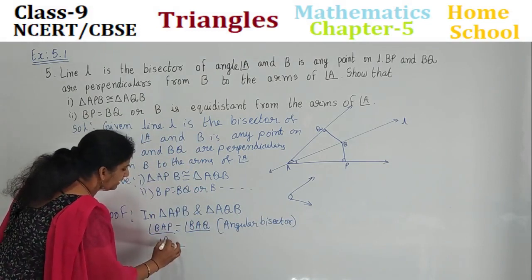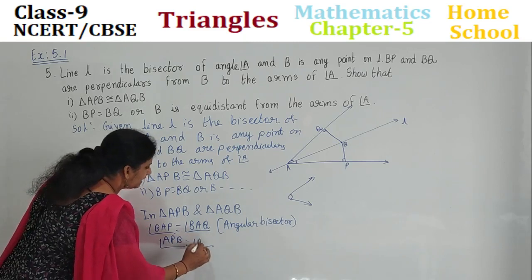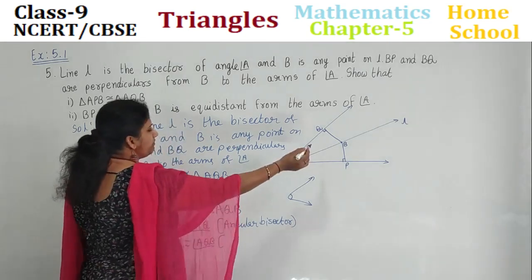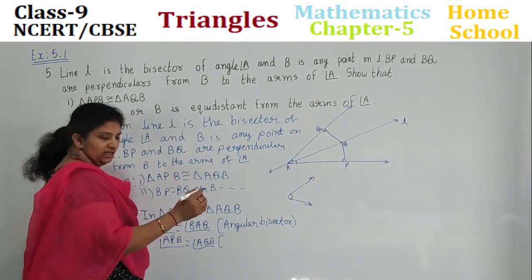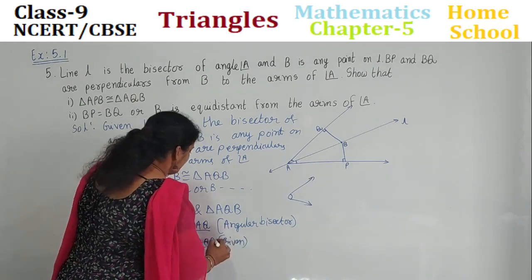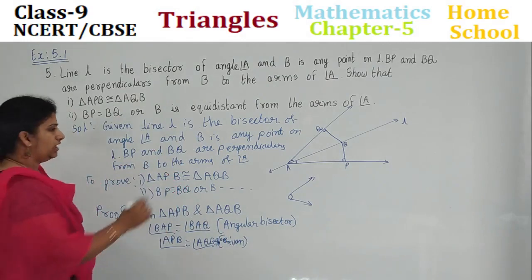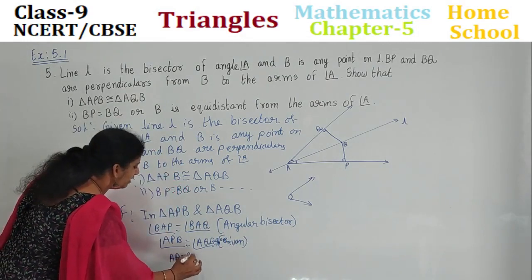Angular bisector. Next one, what can you say? Angle APB is equal to angle AQB. Reason? From B, perpendiculars to the arms of the angle are given, so those two are equal to 90 degrees.